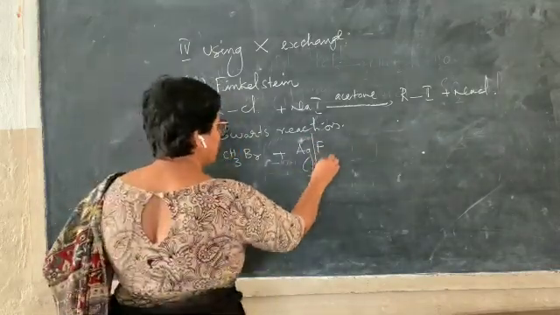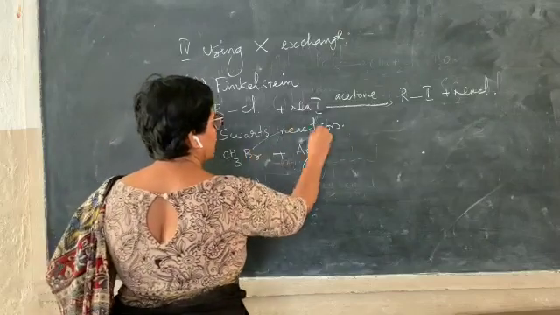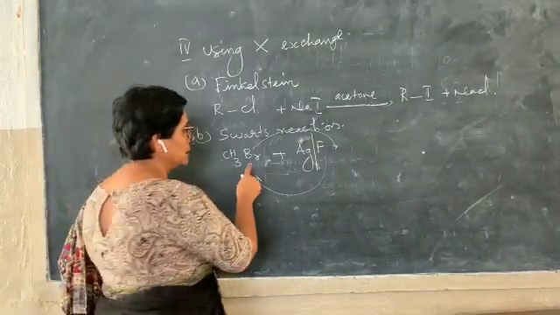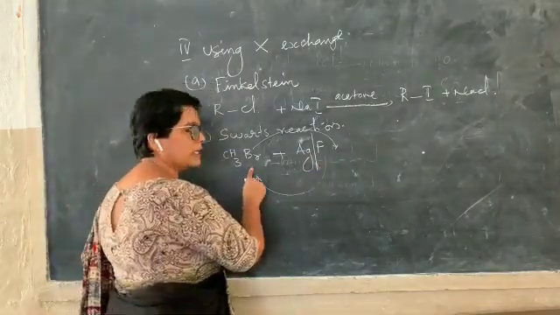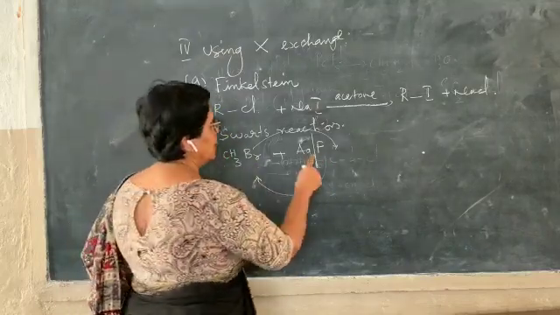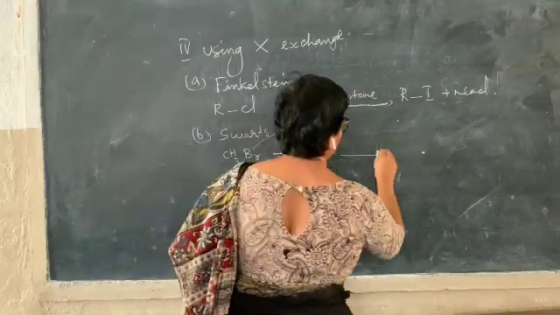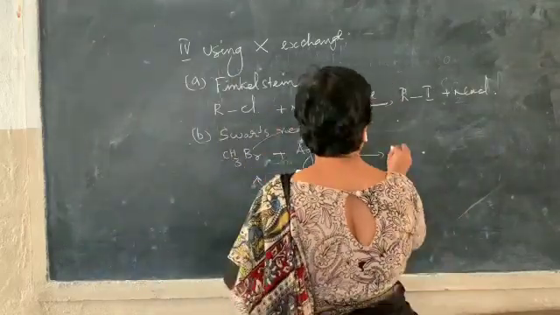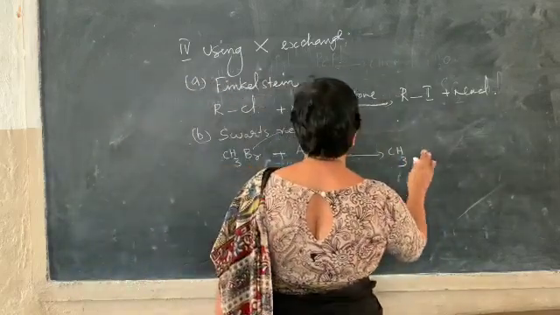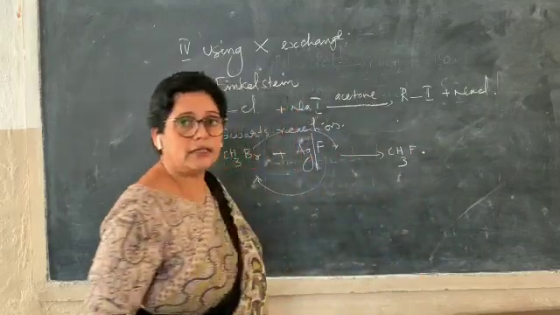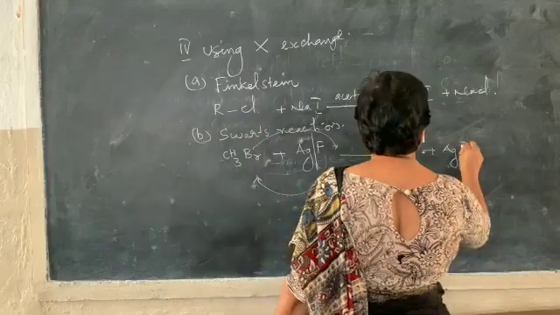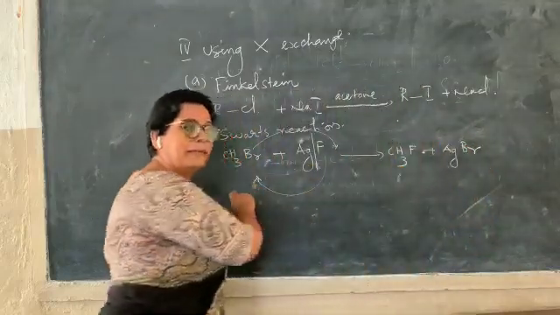So fluorine will come here and bromine will go there. This is a halogen exchange. There are two halogen atoms here, bromine and fluorine. Bromine is with the alkyl group and fluorine is with the silver. But the resultant effect is that this CH3 receives fluorine from silver, that is methyl fluoride, and silver receives bromine from the methyl group.